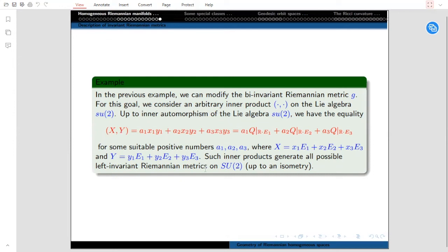Such inner products generate all possible left invariant Riemannian metrics on this three-dimensional Lie group SU(2). Hence, we also can use the above formula for curvature to find very important curvature characteristics of this metric, for example.